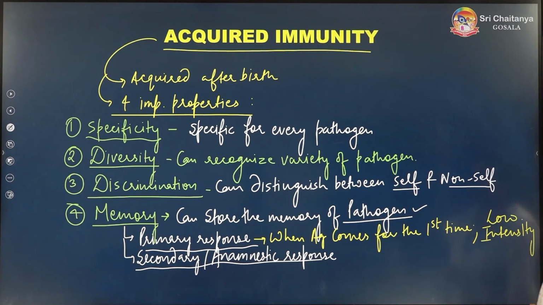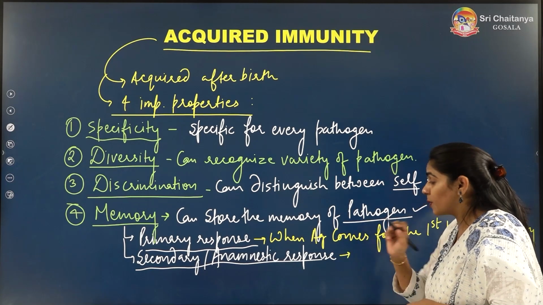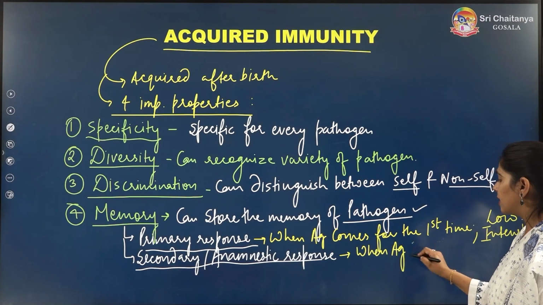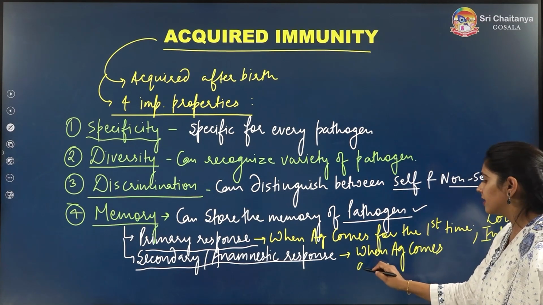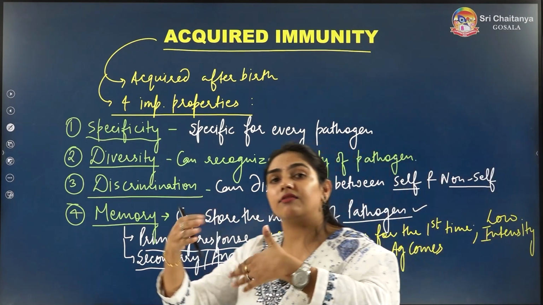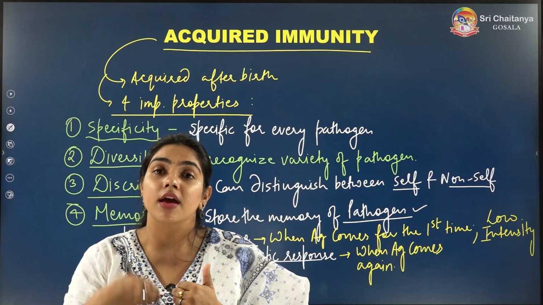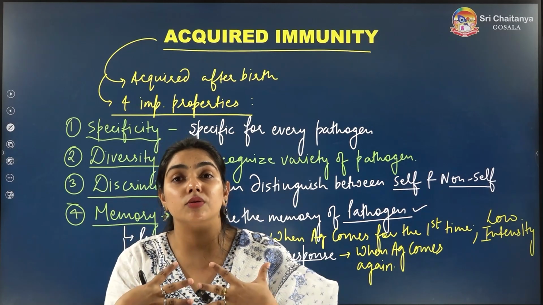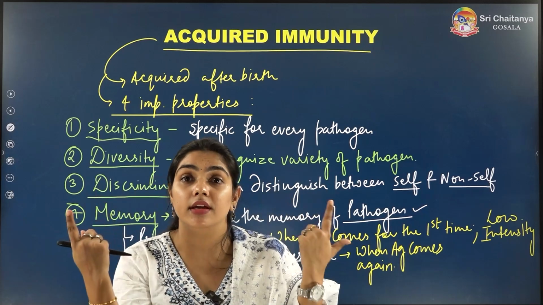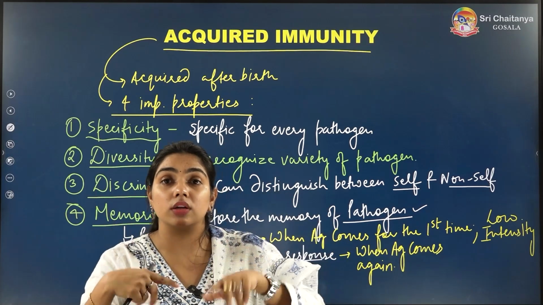But the secondary response will come when antigen comes again. When antigen comes again for the next time and the very next time and then again, whenever it comes again, your immune system will recognize it because your immune system has a memory. It has stored the memory.